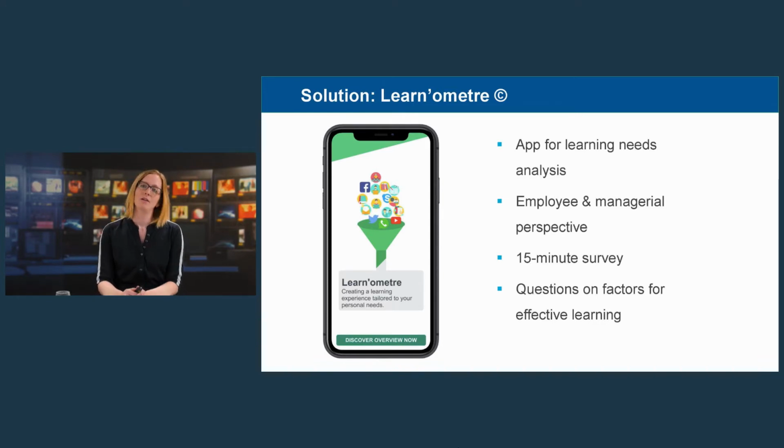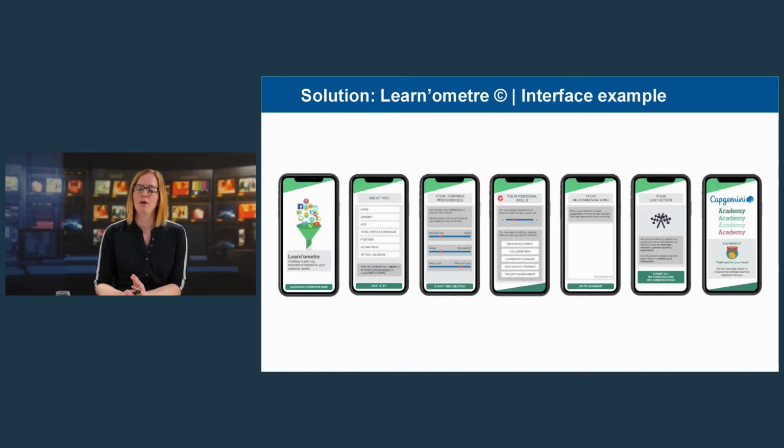They created an app concept in which we can do both an employee and managerial perspective learning needs assessment that takes 15 minutes. That's not that long, and it really pinpoints the questions on the factors for effective learning. These are some interfaces that show those.